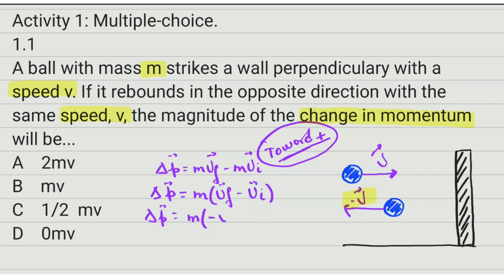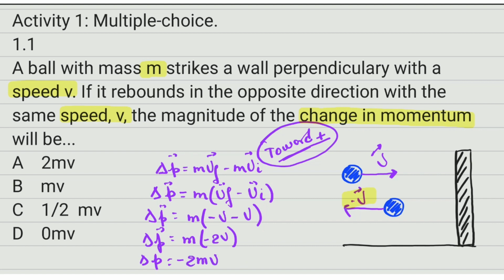So it's minus v minus initial, which is v. When you solve this one, you have the change in momentum is equal to mass multiplied by minus 2v. Simple math. And if you fix this one, you will get that the change in momentum is equal to minus 2mv.